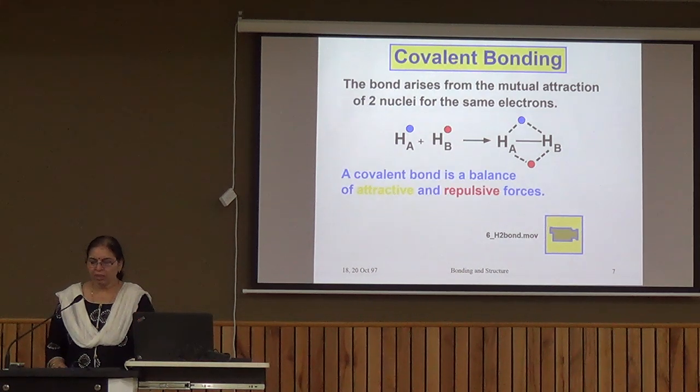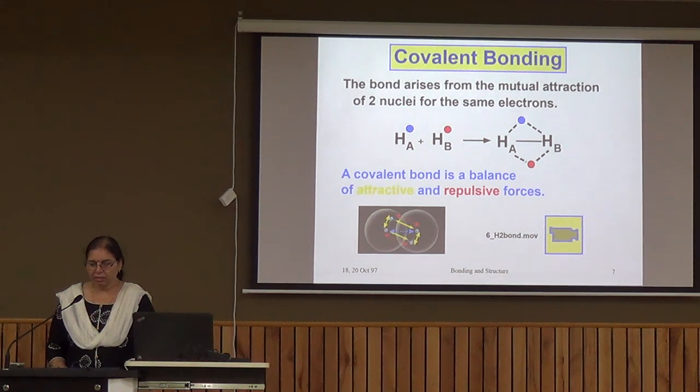A covalent bond is a balance of attractive and repulsive forces. Now, this is the theory, the VBT, by which we can explain the formation of the molecule. Like this. See, attractive and repulsive forces.